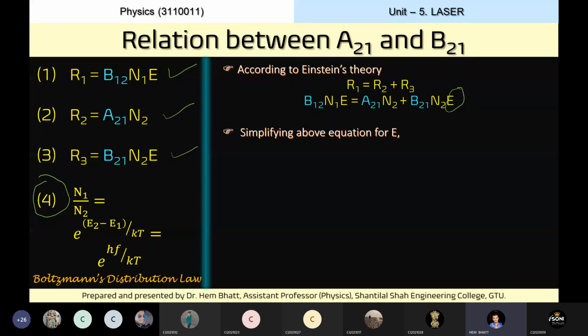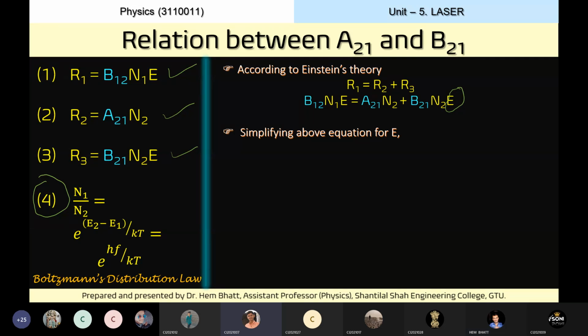First make yourself E subject of formula. કોણ બોલશે? સર બોલો.